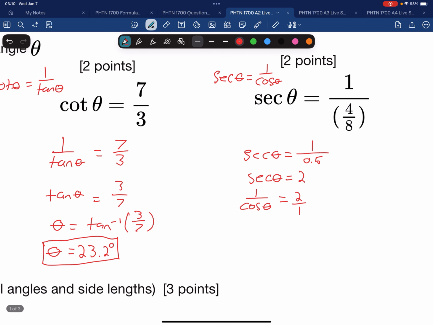Just changed how it looks. And similarly to the previous question, I have a fraction equals a fraction, so I'm going to flip them. I get the cosine of theta is equal to 1/2. Take the inverse cosine, or the arc cosine, of both sides, and I get theta equals 60 degrees.